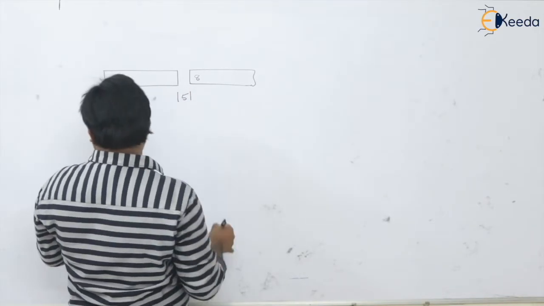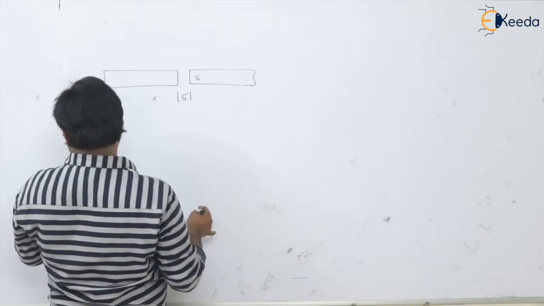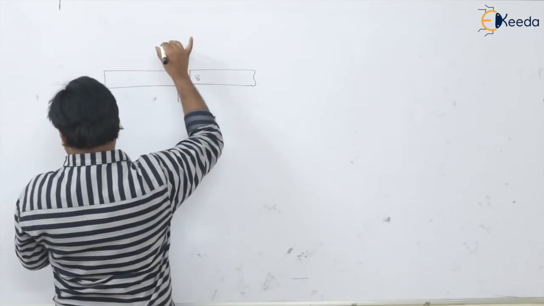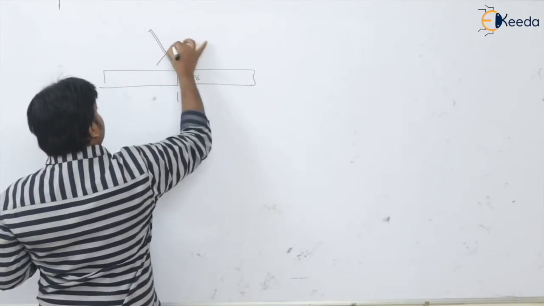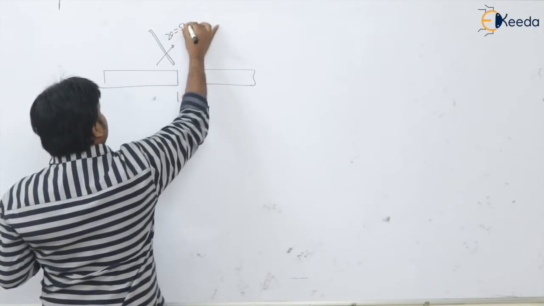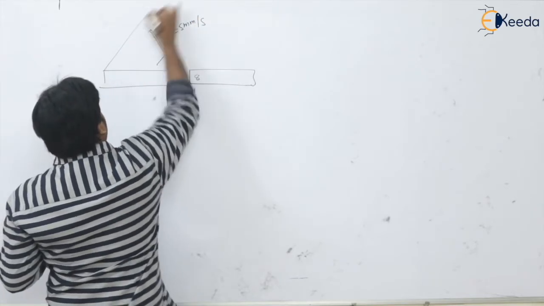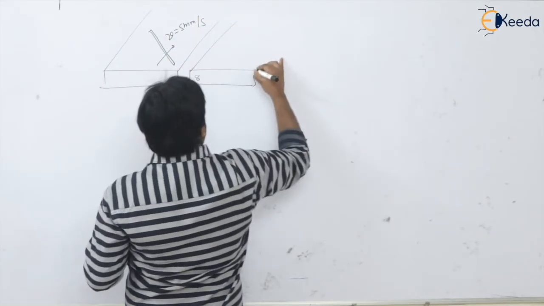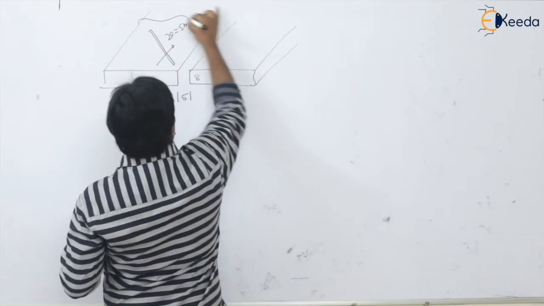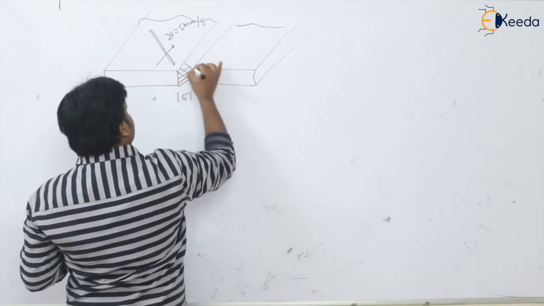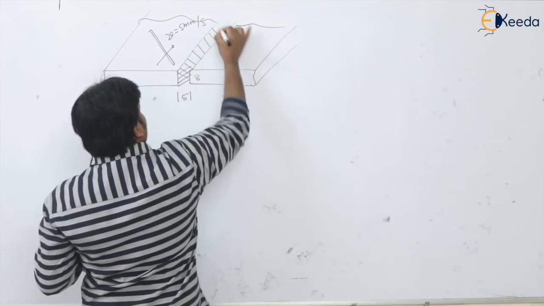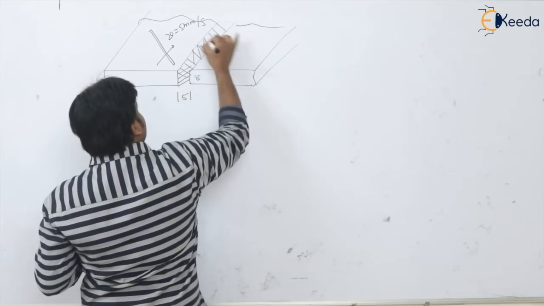And what is the speed of welding? It's 5 mm per second. So this welding goes like this. We need to calculate this volume rate, isn't it?